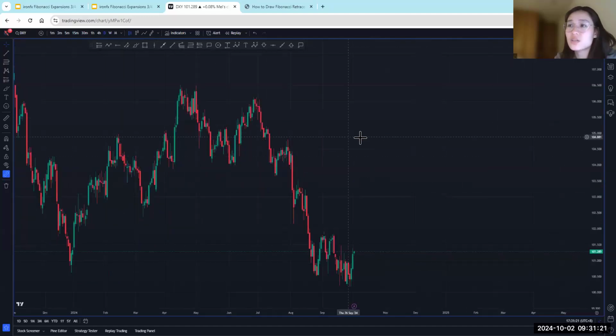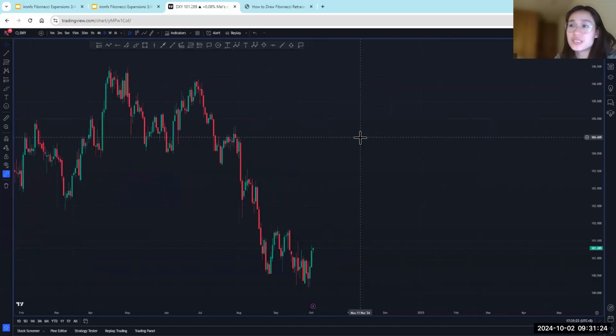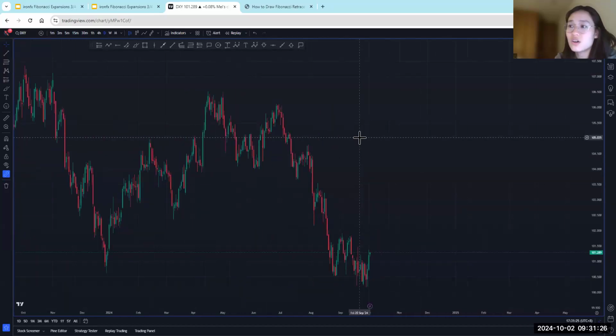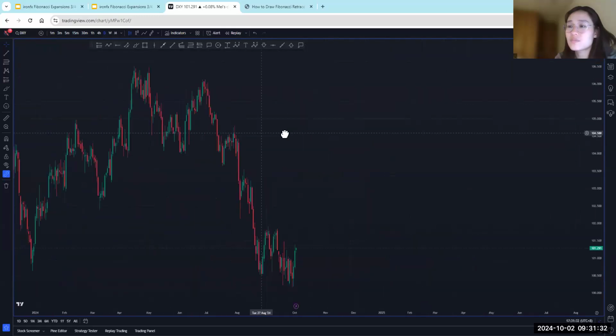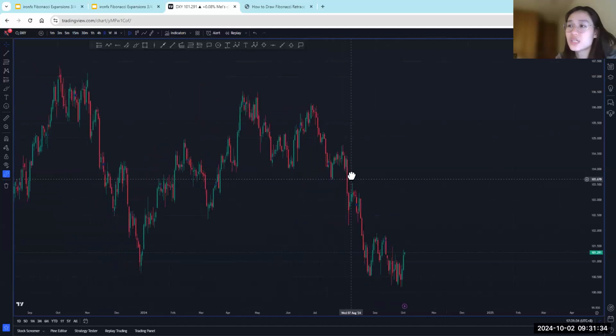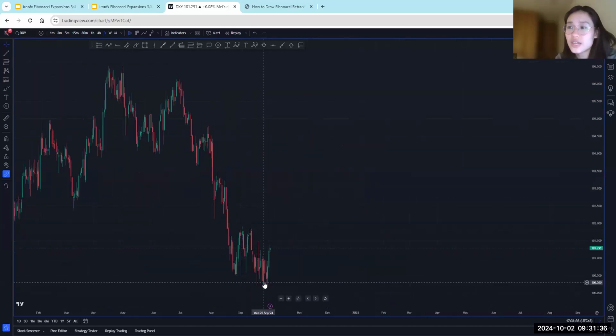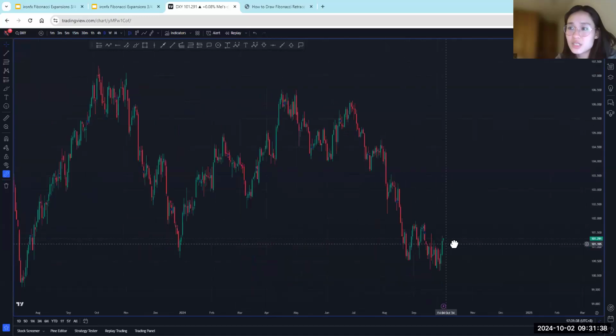I'd like to start off by looking at the higher time frame so that we get an idea of the general trend of price. And then now going in, okay, you can kind of see prices moving in a downtrend as well, although there is a slight uptick over here recently.